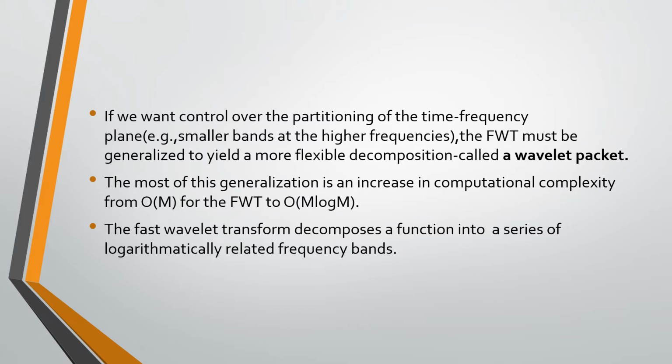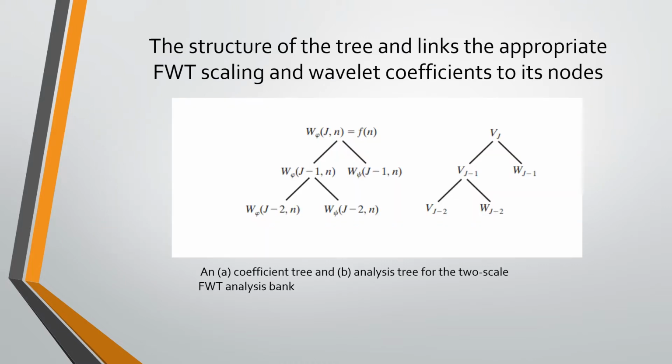The fast wavelet transform decomposes a function into a series of logarithmically related frequency bands. The structure of the tree links the appropriate FWT scaling and wavelet coefficients to its nodes. Now let us see the coefficient tree. W_phi(J, n) is equal to the function of n.